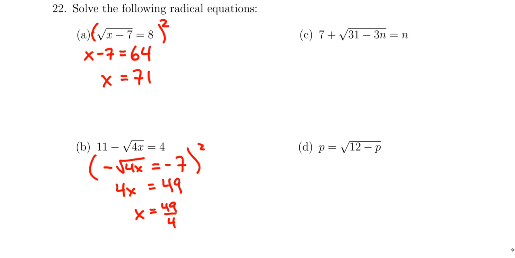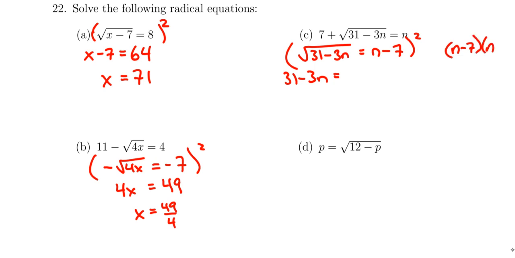For question C, the first thing I want to do is get the radical by itself. That's going to give me n minus 7 on the right-hand side. And now I'm going to square. Squaring is going to get rid of the radical on the left. Now, remember, when I square n minus 7, that means n minus 7 times n minus 7, which means I have to distribute that out. And I'm going to get n squared minus 14n plus 49.